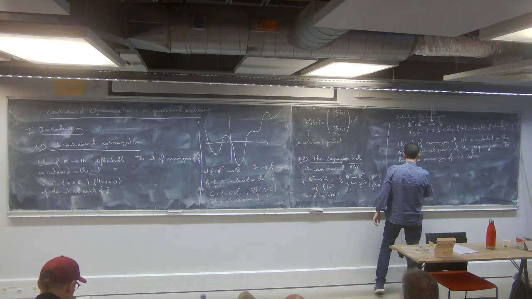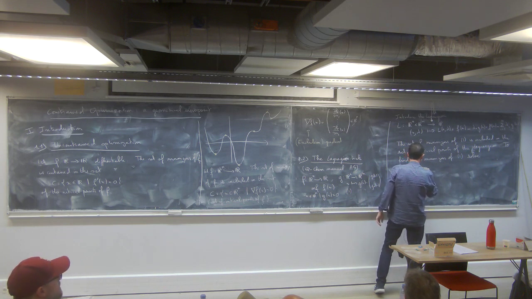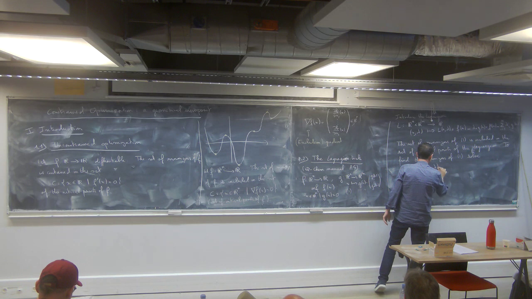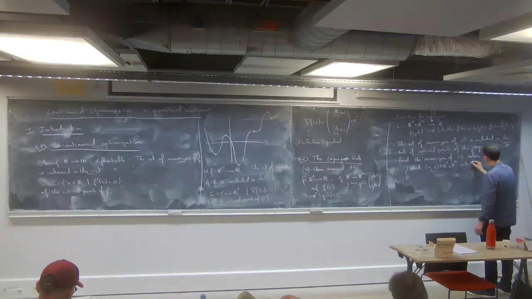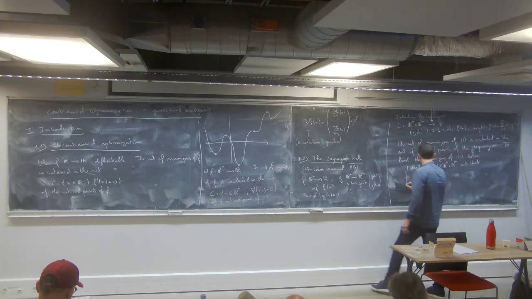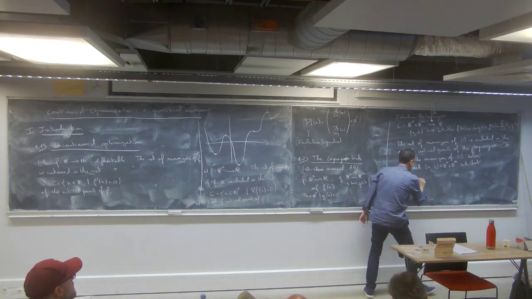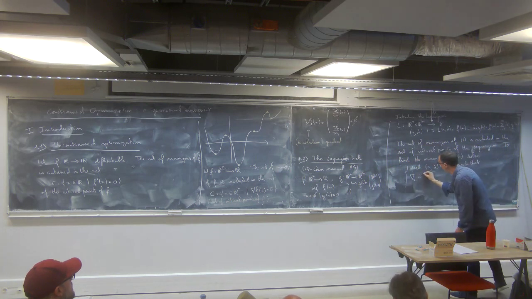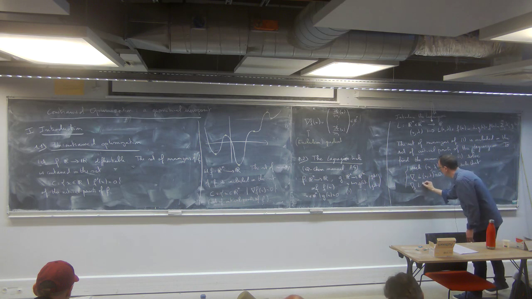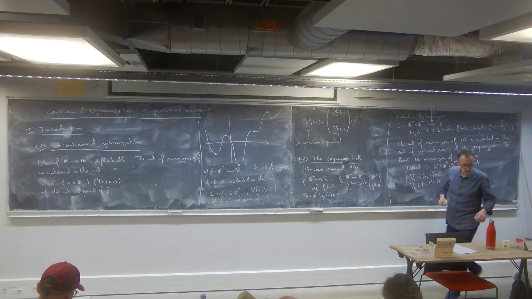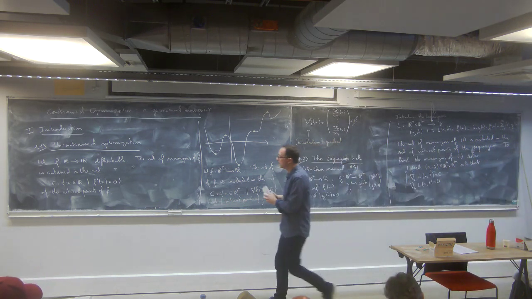So seek a pair, x and lambda, such that the gradient with respect to the variable x of L evaluated at x, lambda is equal to 0, and the gradient with respect to the variable lambda of L equals 0. Okay? And so we can easily write that.